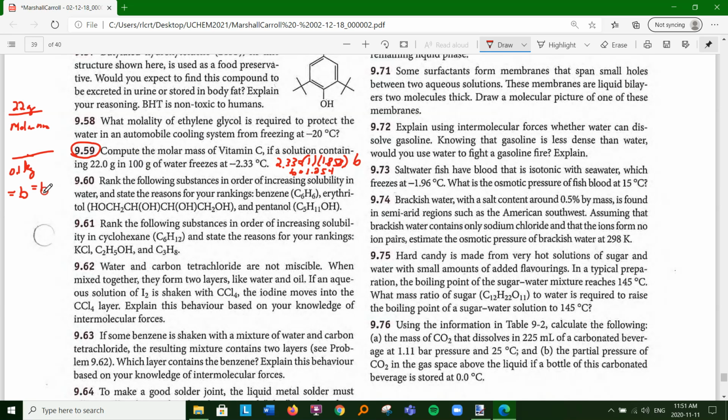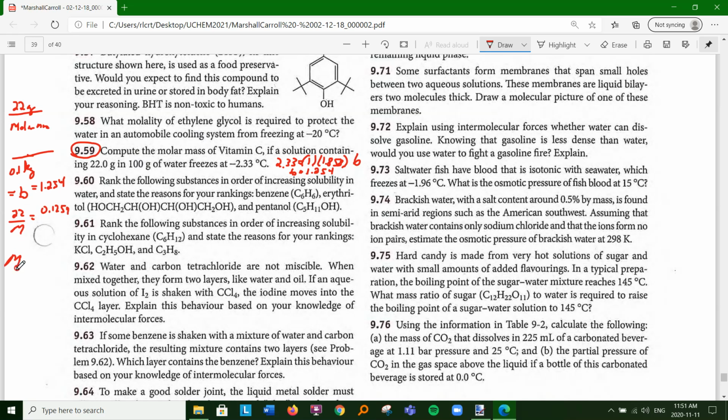So molality equals 1.254. So multiply that by 0.1, and I get 22 over the molar mass equals 0.1254.